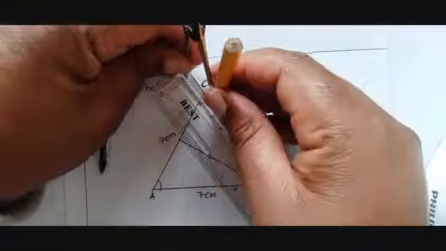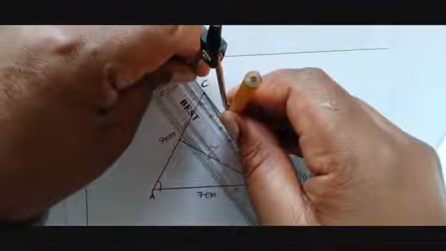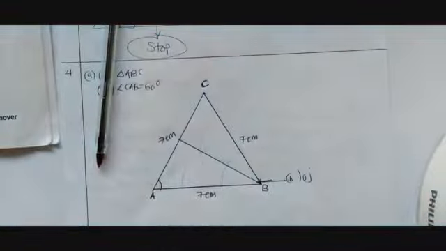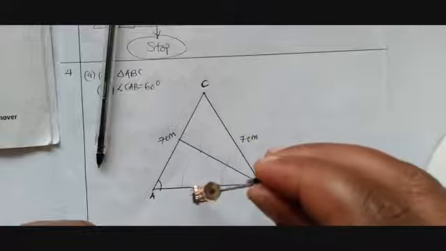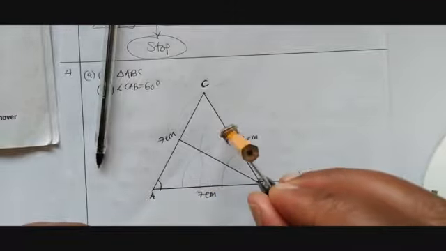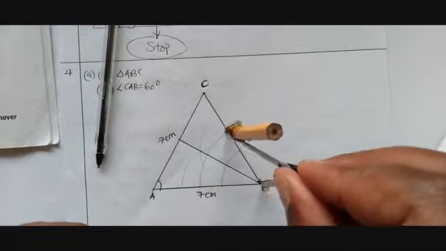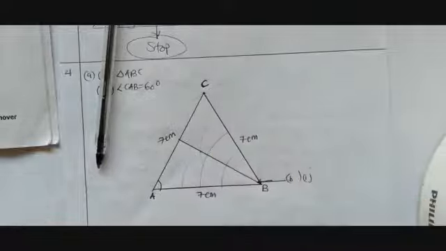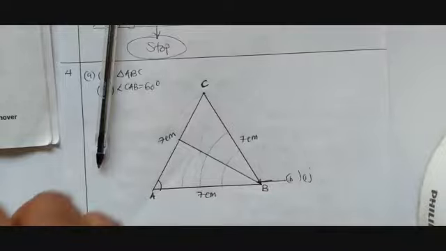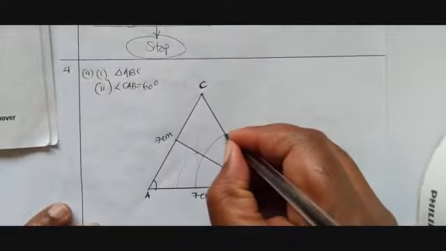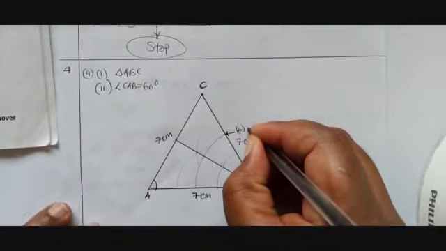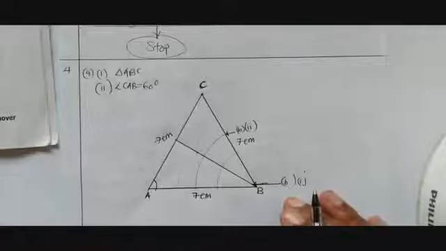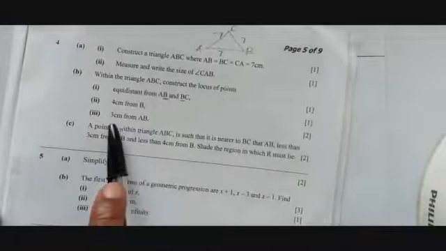So I'll start from here, extend it all the way to 4 here. Okay, so you go to point B, create an arc just inside here. That's all. This one is your answer. So you're going to name this as B2.